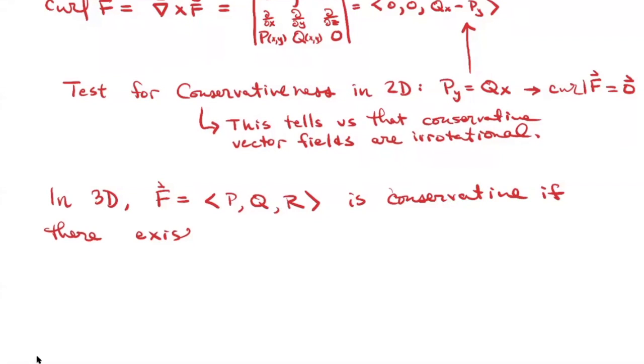Now, we want to get that same sort of idea of a test for conservativeness. So, for example, let's look at the mixed partials. So, for example, Py would be which mixed partial?